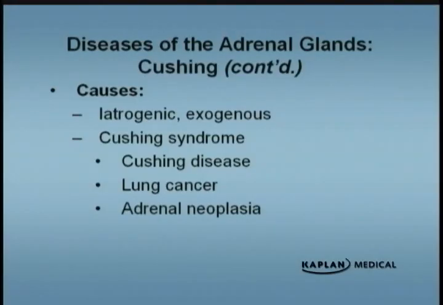So Cushing syndrome, the endogenous form, Cushing's disease, the pituitary disease, is the most common form of this syndrome, and then after this, it's adrenal neoplasia, and then after this, it's lung cancer, the other forms. But I want you to remember a stepwise way to remember the etiology, because when you work up the patient, that's the way you have to remember the etiology and the differential diagnosis.